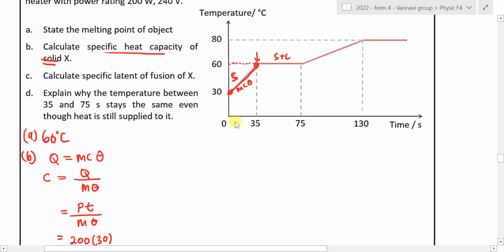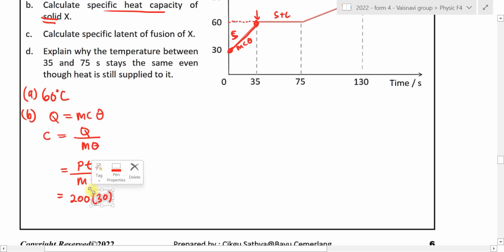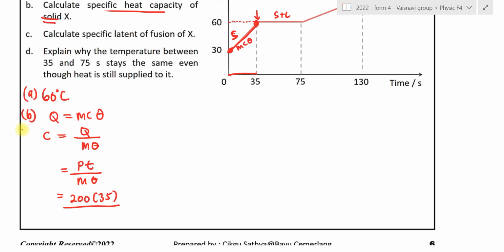Okay. Sorry. Silap pula saya. Itu bukan, itu temperature kan? Time dia dekat sini. 0 pergi ke 35. So 35 second. Mass dia adalah 0.2 kg. Theta dia adalah 60 tolak 30, which is 30. How much is that?